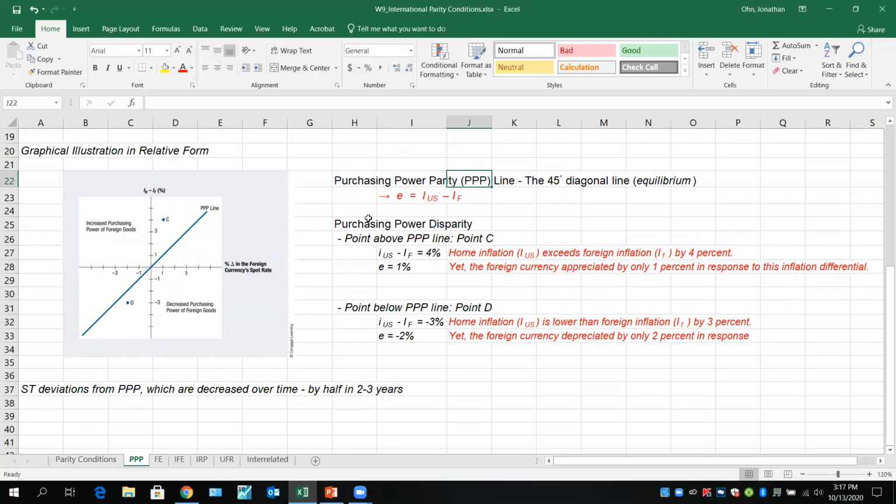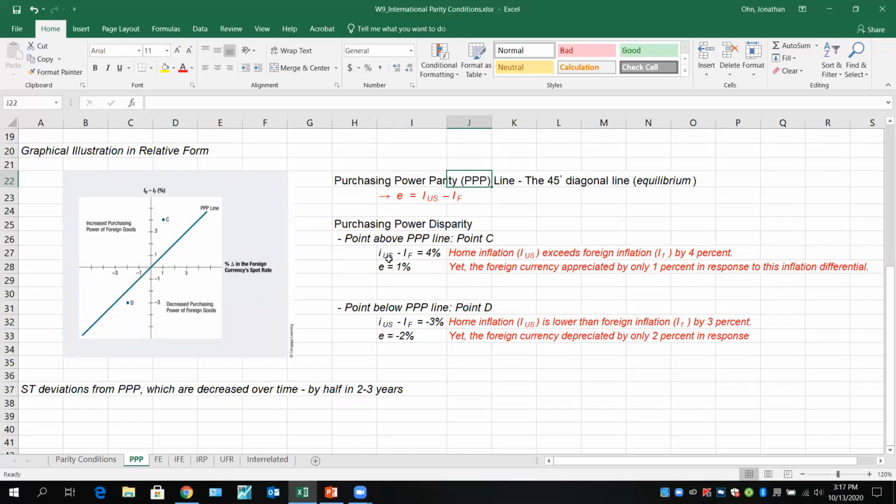Okay, now let's think about point C. Purchasing power parity disparity: a point above the PPP line, like point C. Get this. The relative inflation is 4%. Do you see that? And then the percentage change in spot rate is 1%. This is exactly a PPP disparity.